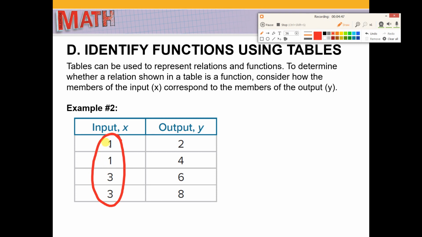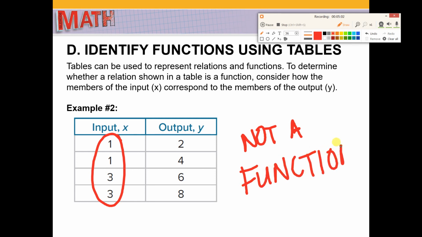Because 1 was used 2 times, and 3 is also used 2 times. And because of that, this is not a function, because some of the numbers in the x values are repeating. That is why it's not a function.